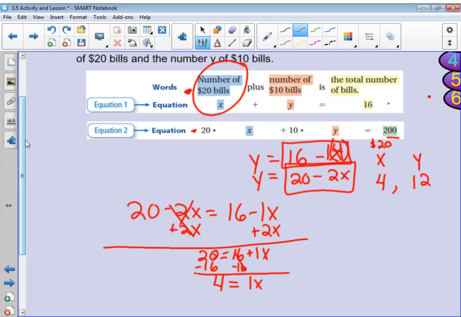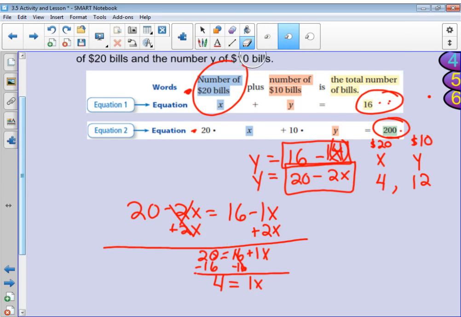So that was my $10 bills. Okay, so if I have 12 $10 bills, that's $120. And 4 $20 bills, that's 80. That does give me the 200. So I also have 16 bills, which matches both of these final answers. Okay, so that's working a system of equations in a real world scenario.